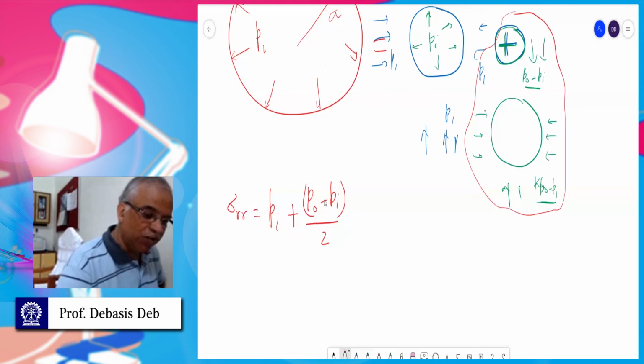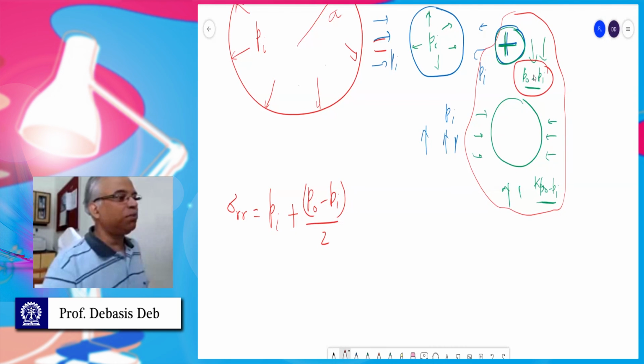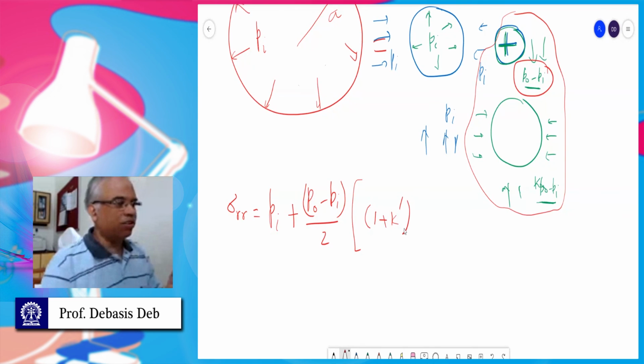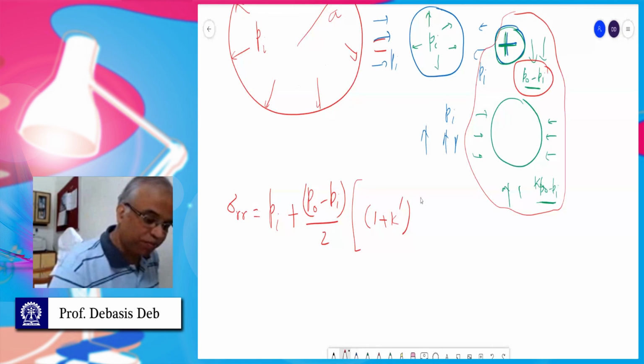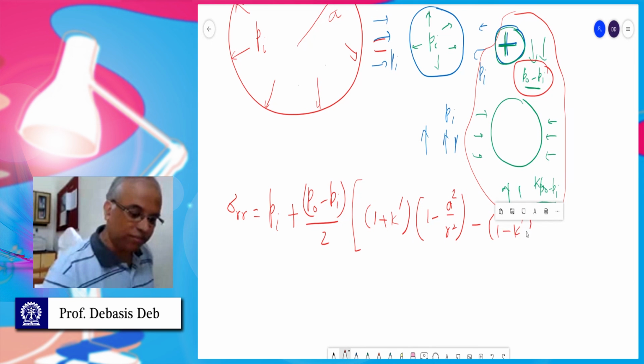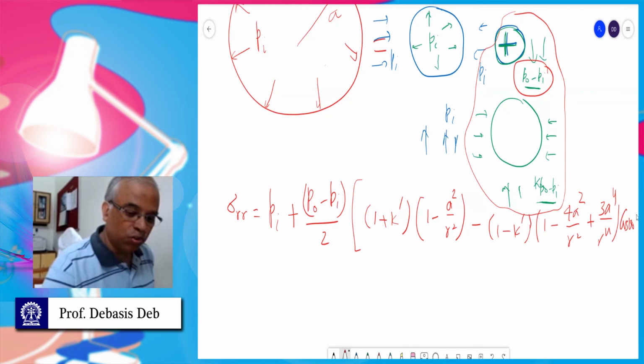You see now, this is P naught minus Pi. And wherever was K, I will write something called K dash. I'll tell you what is K dash. And this will be 1 minus A square by R square, just like same, minus 1 minus K dash, 1 minus 4 A square by R square plus 3 A4 by R4 cos 2 theta.